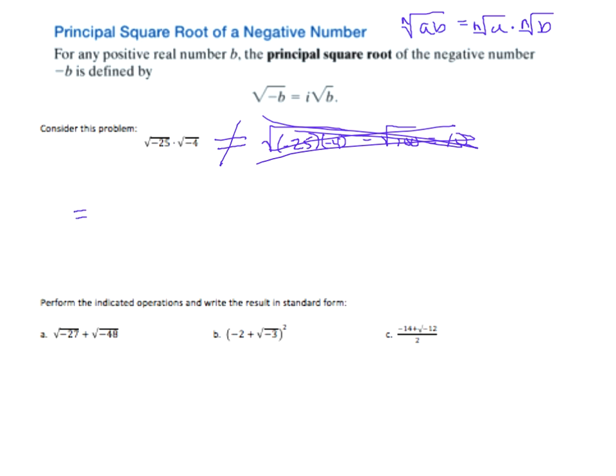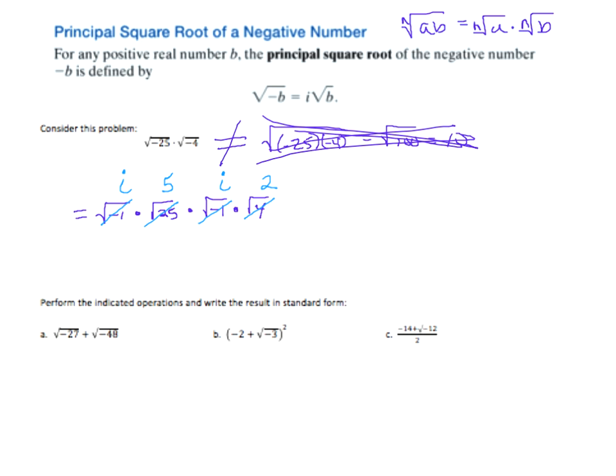So this is the same thing as square root of negative 1 times the square root of 25 times the square root of negative 1 times the square root of 4. I come back. Square root of negative 1 is i. Square root of 25 is 5. Square root of negative 1 is i. Square root of 4 is 2.